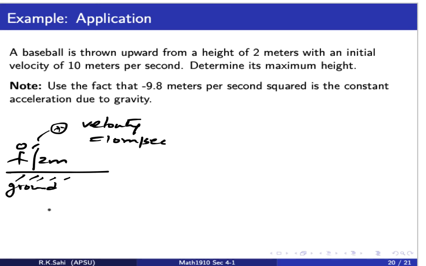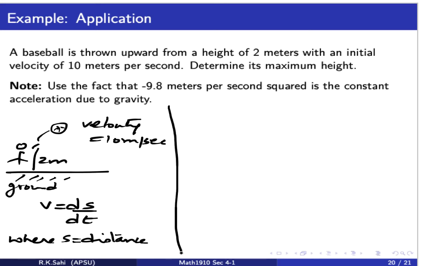If you recall something from your physics, we all know that velocity is nothing but the rate of change of the distance. So this is given by ds over dt, where s is the distance. Keep in mind this s is in terms of time.